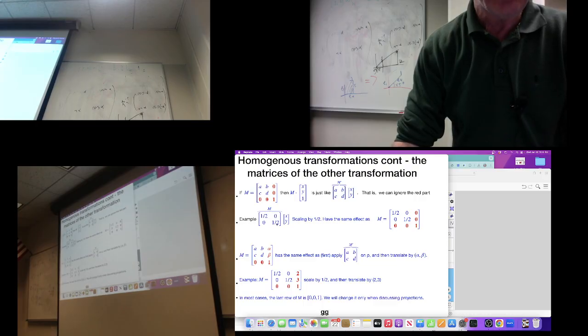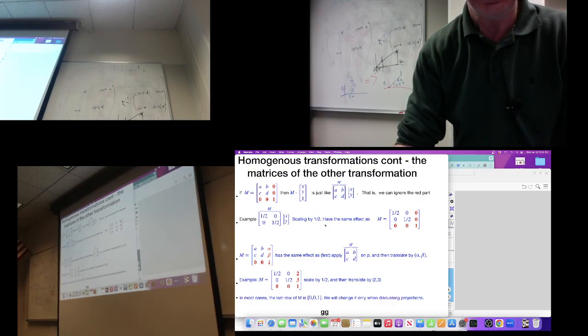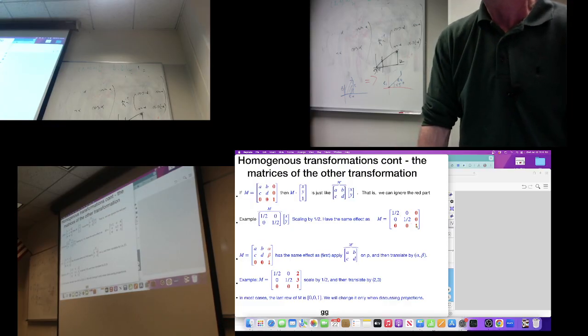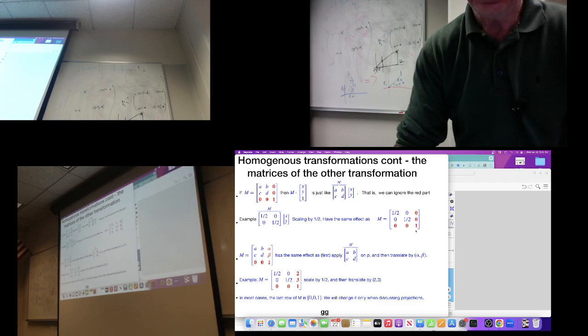So half, half xy, scaling by half, is just like in homogeneous coordinates, half, half, and the last one becomes 1. Okay, just keep the last row and columns.